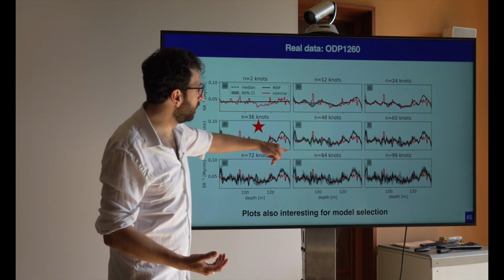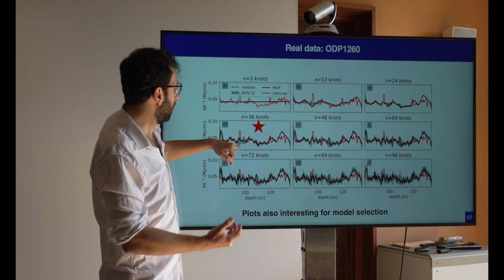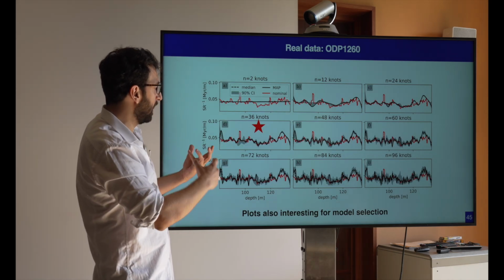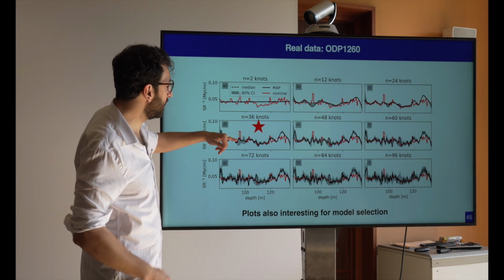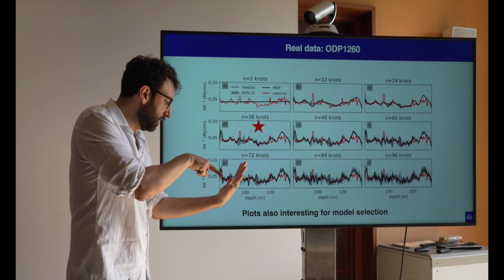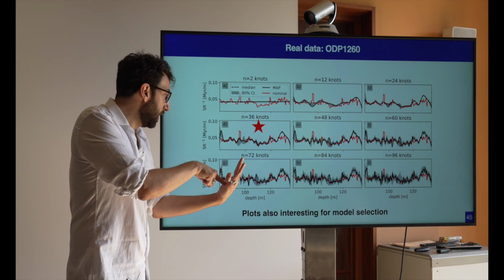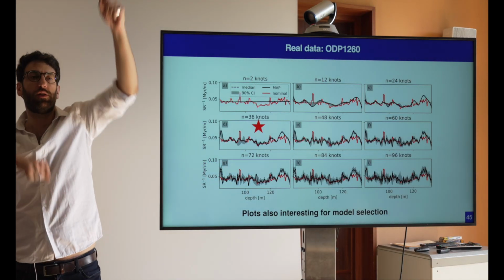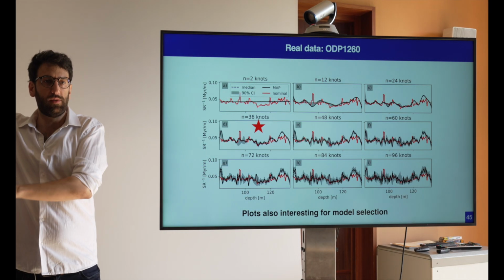At some point, you reach the right balance between the flexibility and the bias. So your model is not biased anymore. It's in the correct spot. But if you keep increasing the complexity of your model, you keep increasing the degeneracy between the parameters, so you keep increasing the error bars.